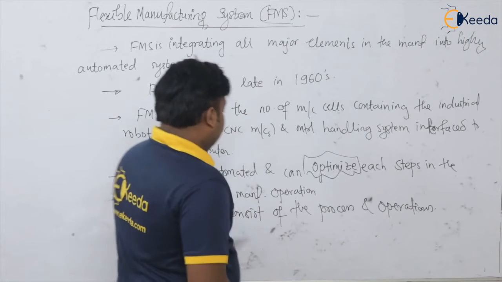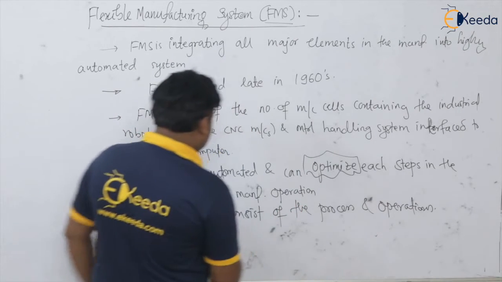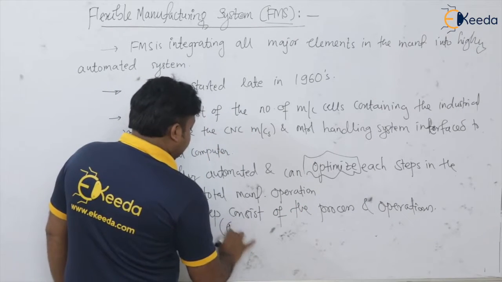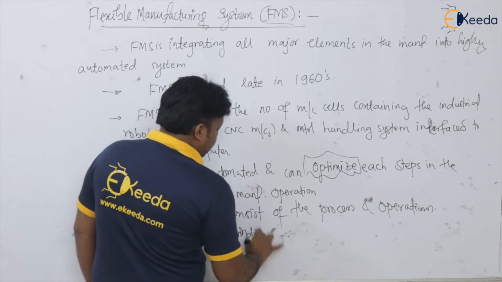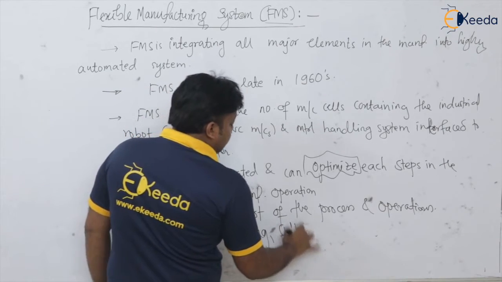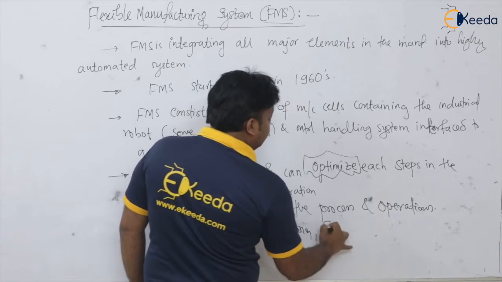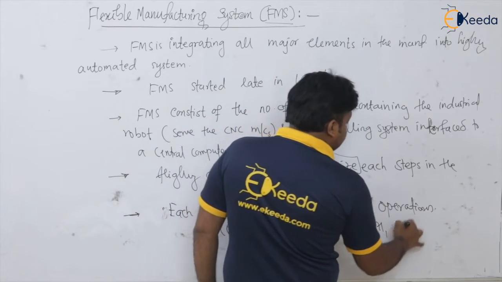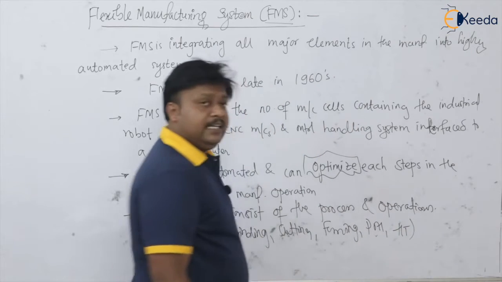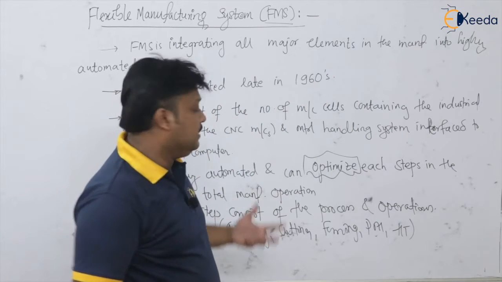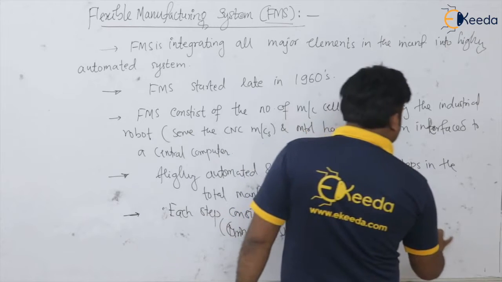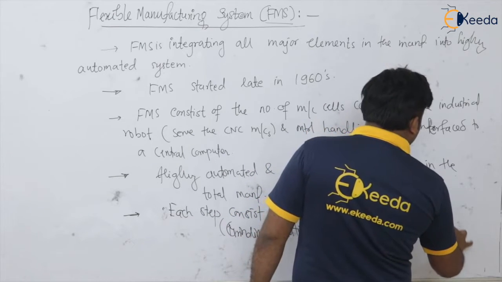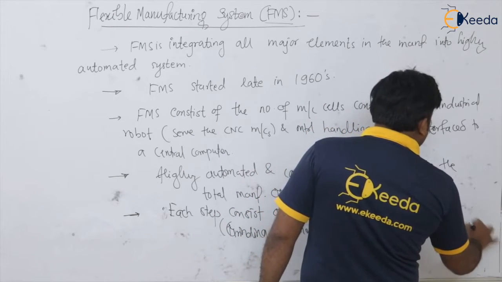If I talk about the processes, for example grinding, cutting, forming, powder metallurgy, various heat treatments. And some operations are inspection, assembly and inspection.